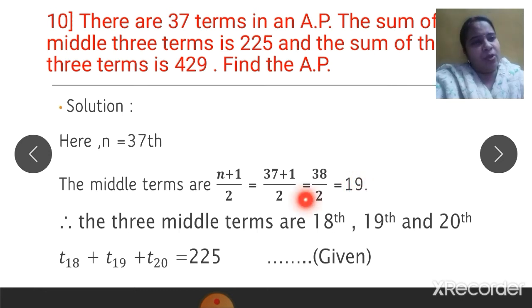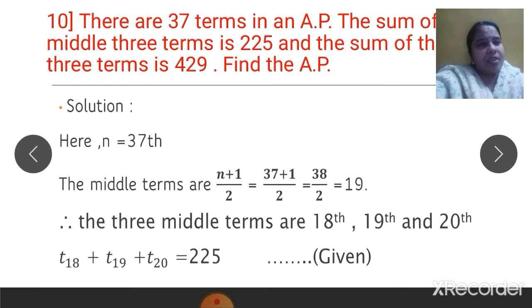So one before this, that is the 18th term, and one after this, that is the 20th term. So what are the middle 3 terms? It should be 18th, 19th and 20th term. I hope this concept is clear.